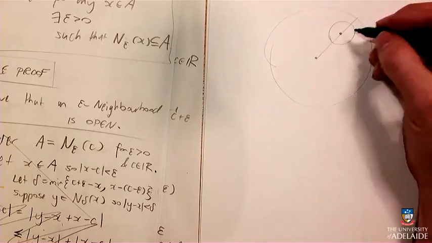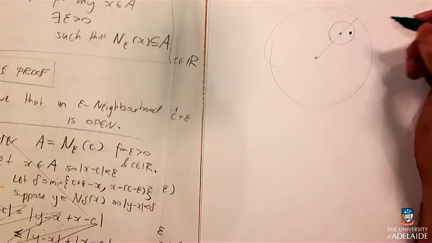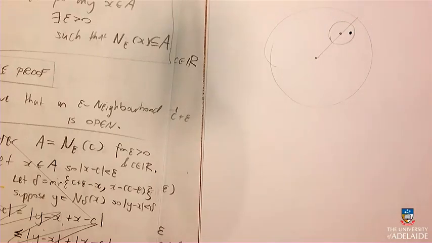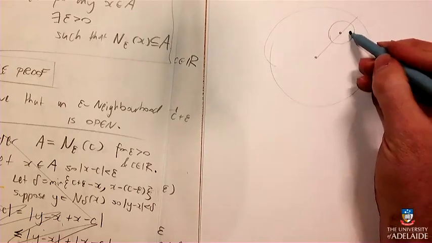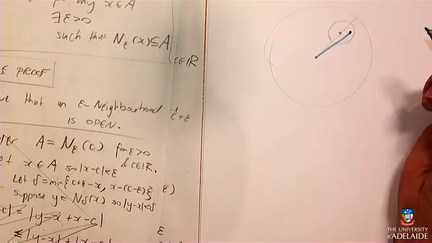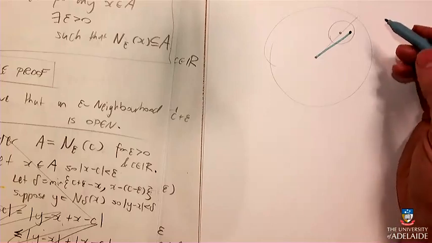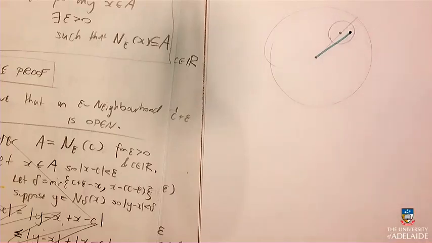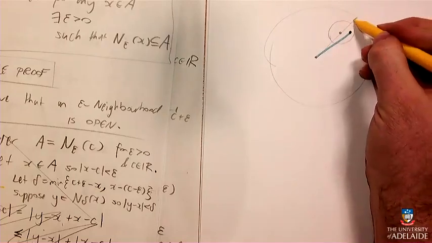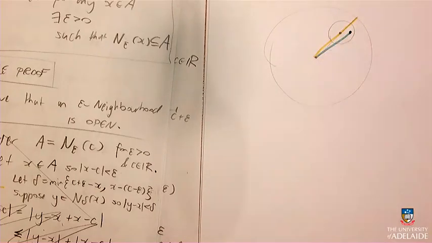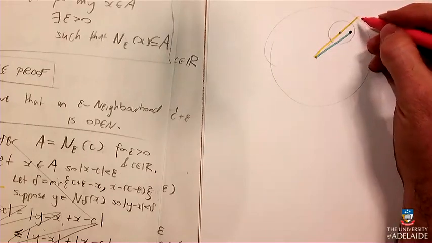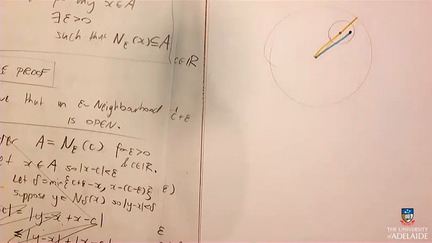And so we want to show that this distance here is less than the radius of this circle. Which is, we want to show that that's less than this distance, which seems to me that if we were going to use the triangle inequality, we should be... how are we going to do that?